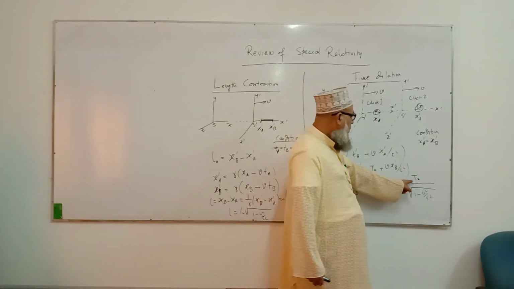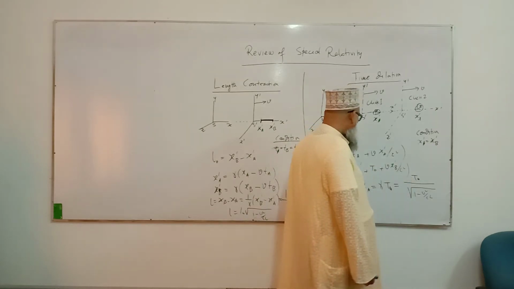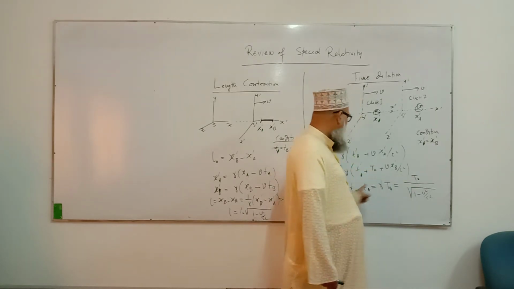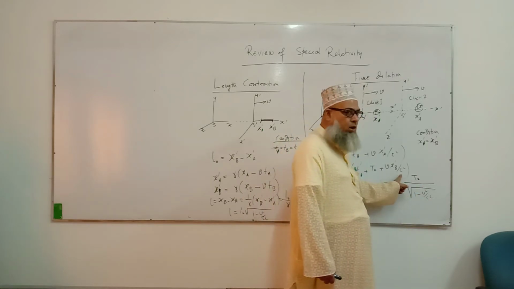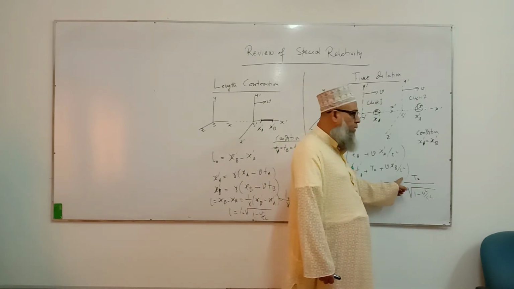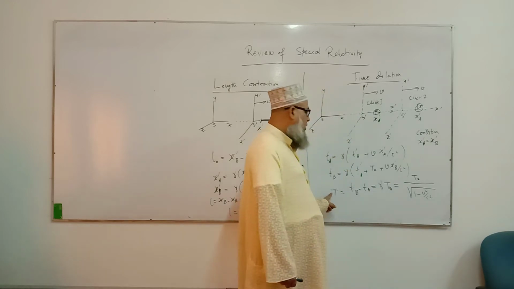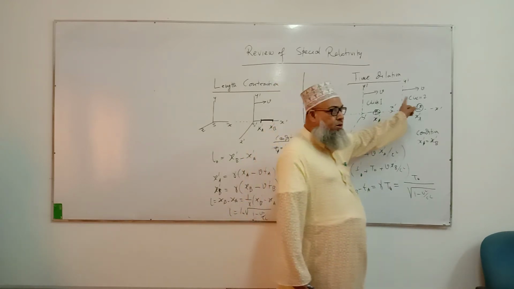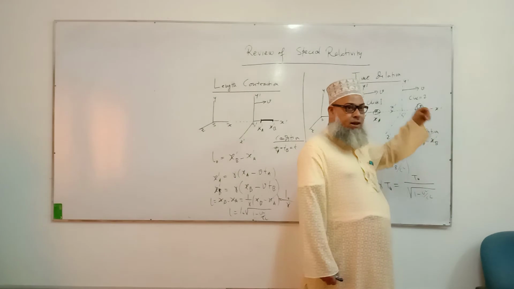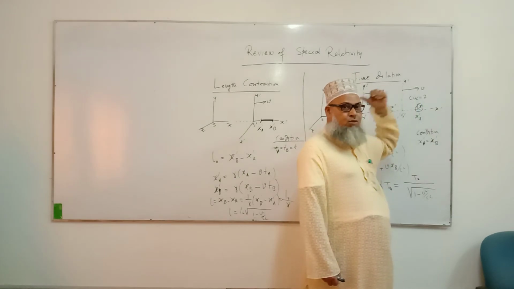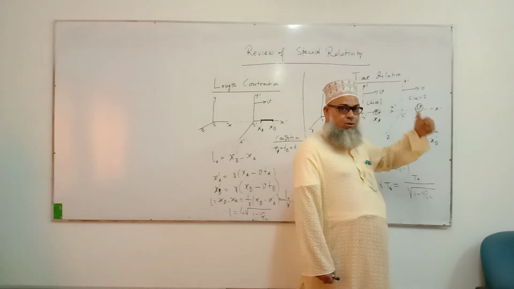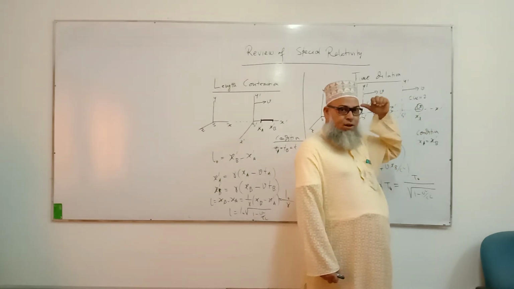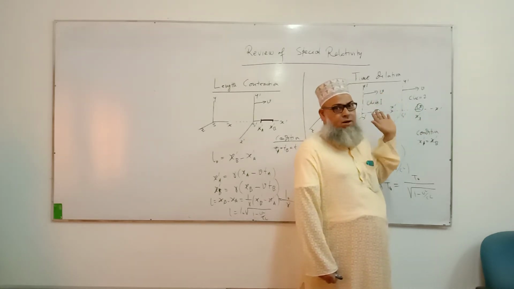Okay, which is greater, T naught or T? T naught is less than T. Because this factor, 1 by the fraction, is greater than 1, T naught multiplied by something greater than 1, T is greater than T naught. So proper time is less than the time seen in the other frame. Proper time is less, coordinate time seen from another frame is greater.